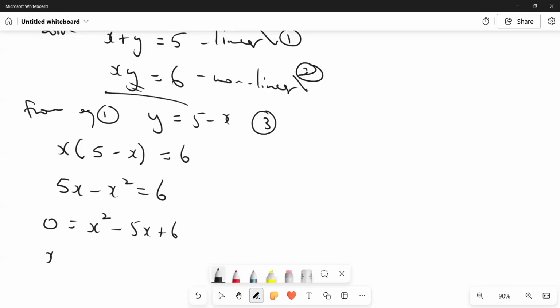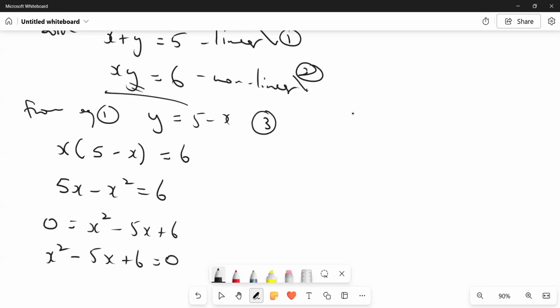I'm going to write it as x squared minus 5x plus 6 equals 0. Good. So now we have a quadratic, and we're going to solve this quadratic. We can factorize it.